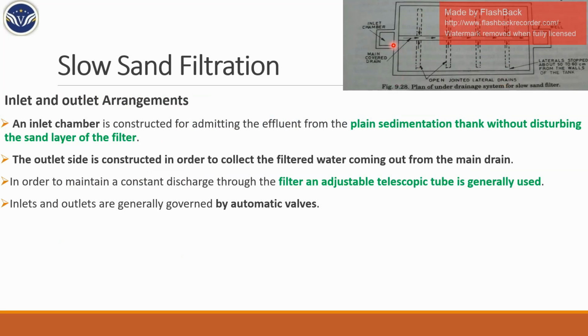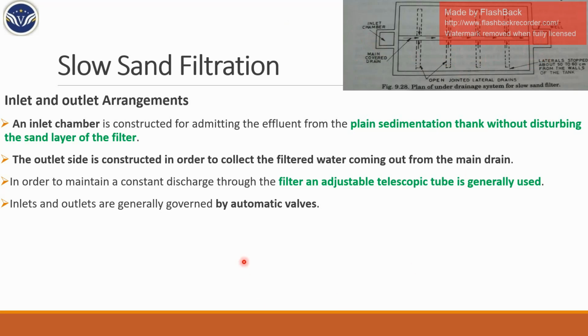Inlet and outlet arrangement. The inlet and outlet arrangement are such that they should not disturb the sand layer. At the inlet, the raw water gets in from the plain sedimentation tank without disturbing the filter media itself. Then it goes out.